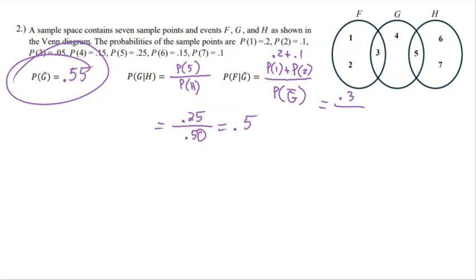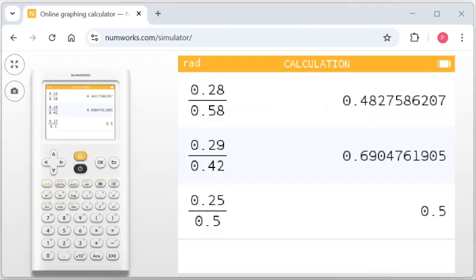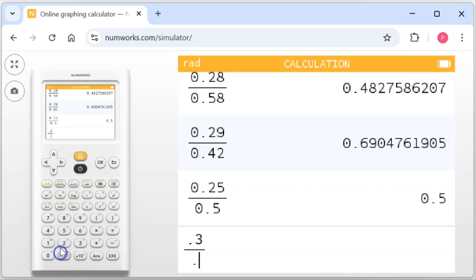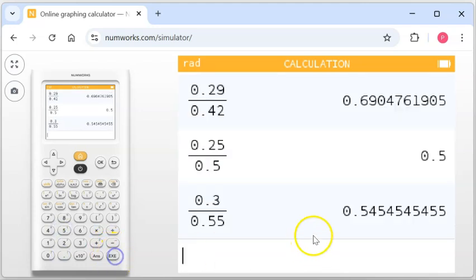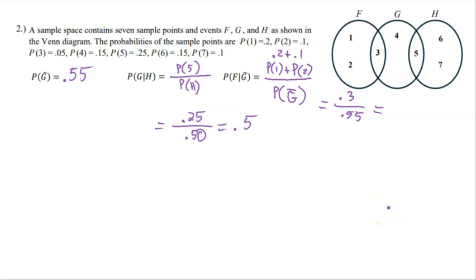Look, there's the probability of not G. Question 1 is 0.55. So we're going to put 0.55 here. So we're going to do 0.3 divided by 0.55. And that gives us 0.545. And that's question 2.